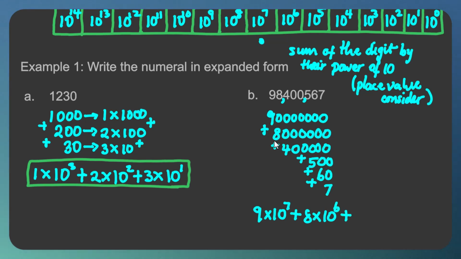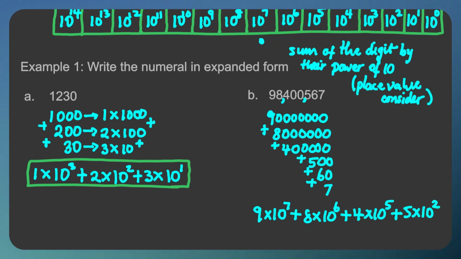And next we show our plus sign, and then we go to our 4, which has how many zeros? 5 zeros, so we're going to have our 4 multiplied by 10 to the power of 5. And next we show our plus sign, and this leads us to our 5 times what? 10 to the power of how many zeros?